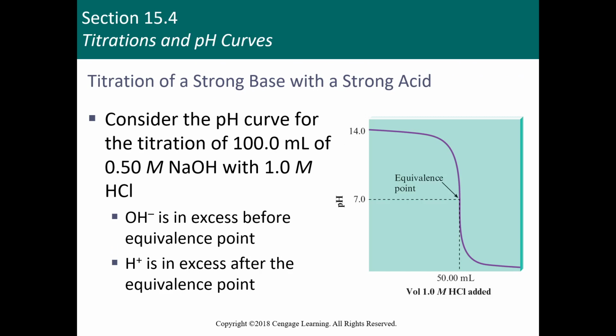So let's consider the opposite, where we have a strong base and we are adding a strong acid as the titrant. So in this case, you are going to start with excess OH-. As you add H+ to it, it'll use up that OH-, giving you lower and lower pHs. Eventually, you will use up the OH- completely, and you will have the equivalence point, where the OH- and the H+ will use each other up and be equal in number of moles.